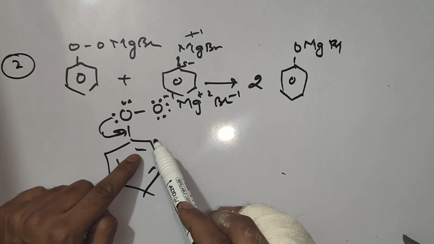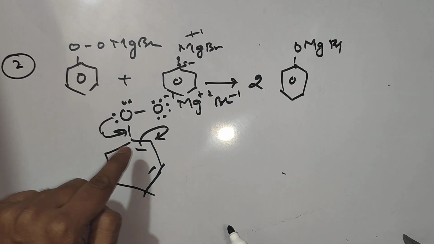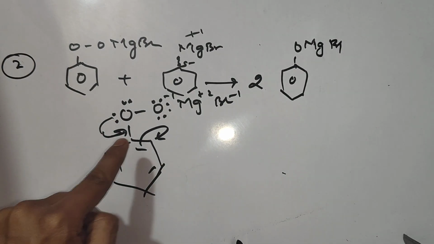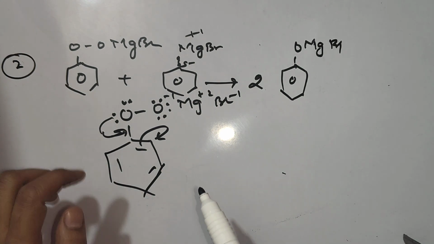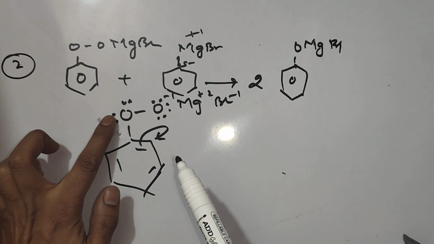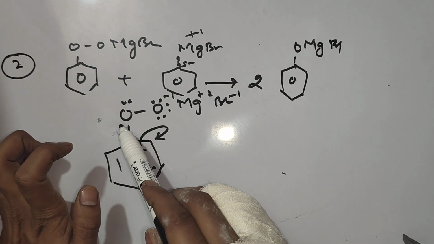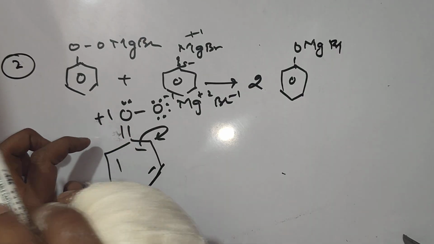The students who have knowledge of resonance can easily draw the resonance of it. Means pi electrons are delocalizing over the entire benzene ring like this. Further structures please draw by yourself. Now when it shows resonance, what will happen on it? It will make a double bond with the phenyl and will carry a +1 charge.